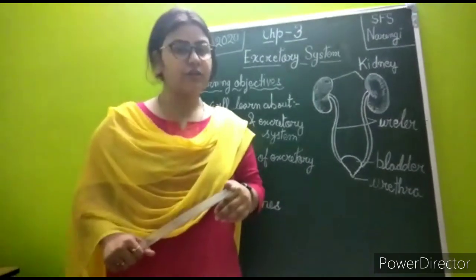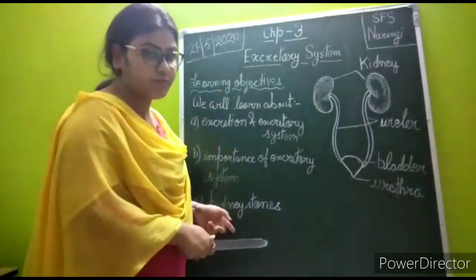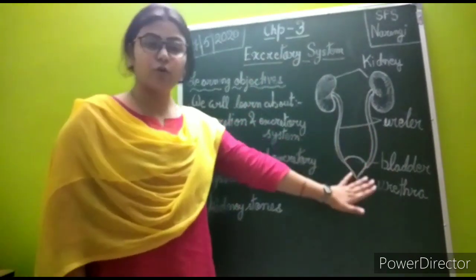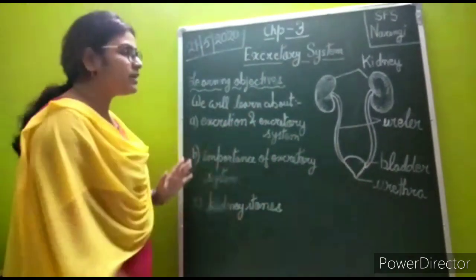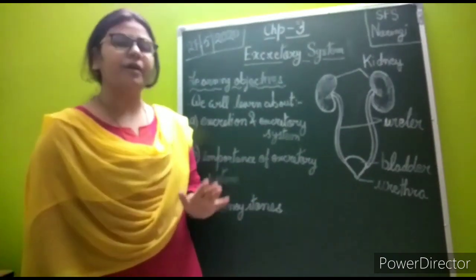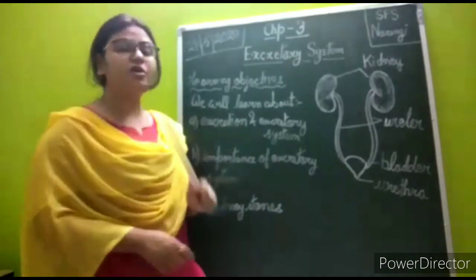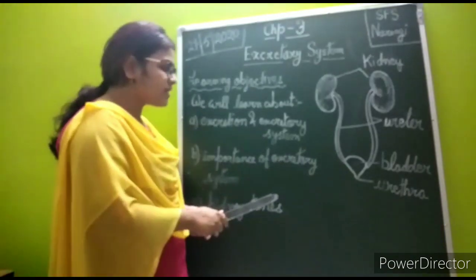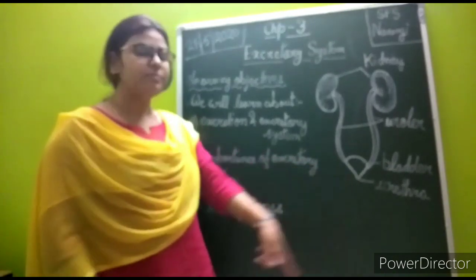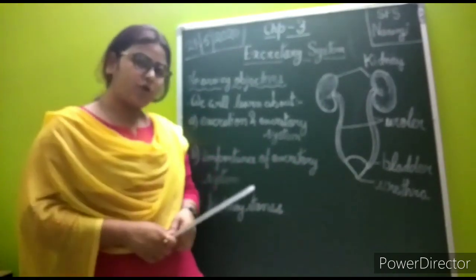But before that, children, you are going to write the learning objectives, and you also have to draw the diagram. Where will you be drawing the diagram? This is going to come in your CW copy. Very good. Your learning objectives and your diagram for the excretory system are going to come in your CW copy.